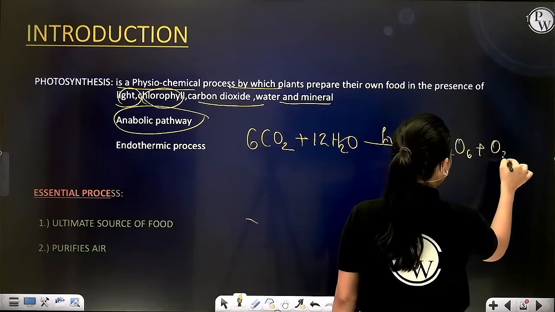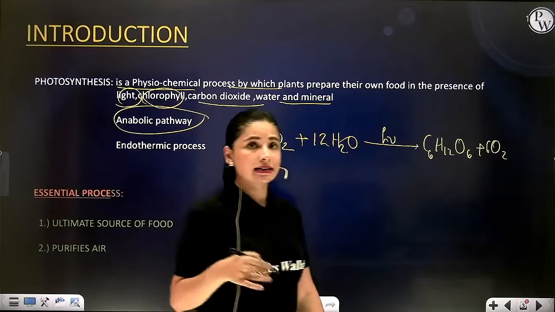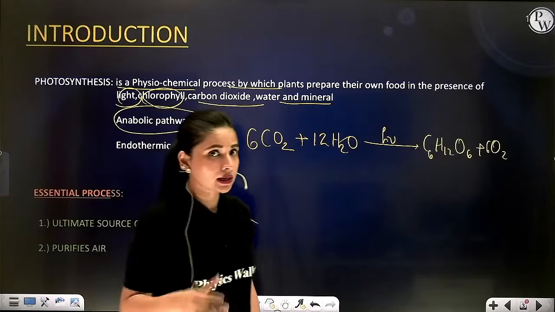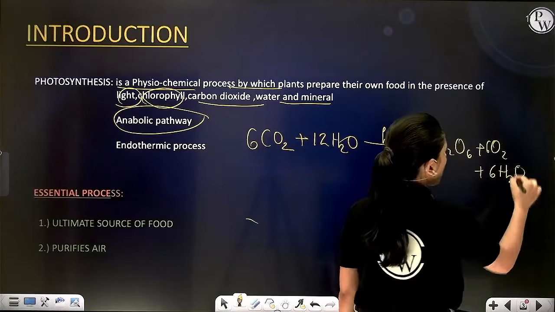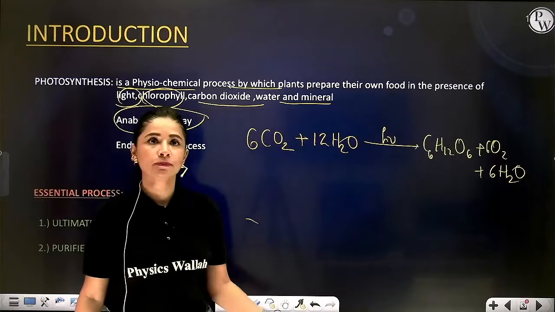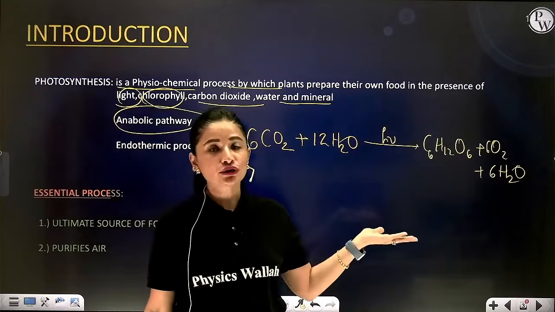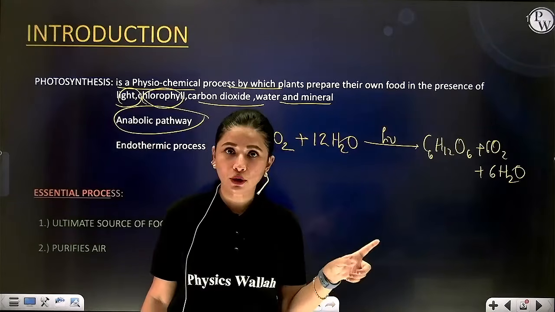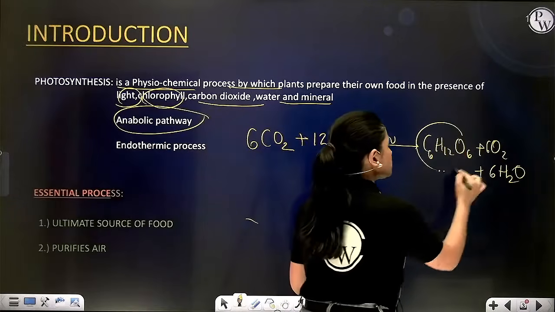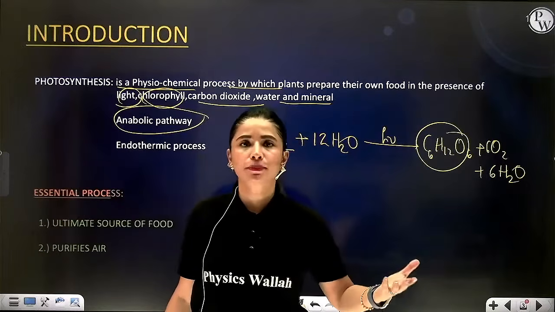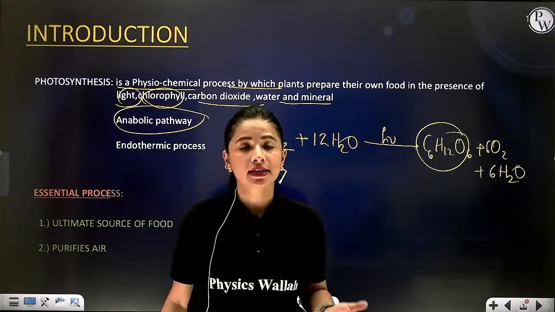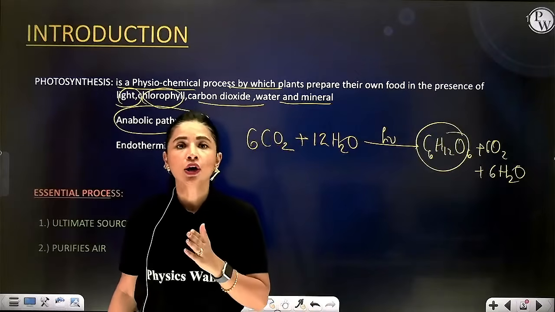Along with glucose, oxygen gas is released as a byproduct. Along with oxygen, water molecules are also released. So in photosynthesis, there is one major product which is glucose and 2 byproducts, that is oxygen and water.